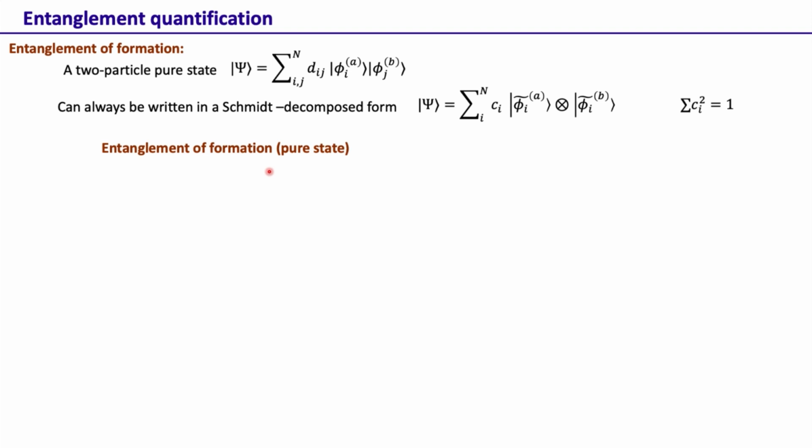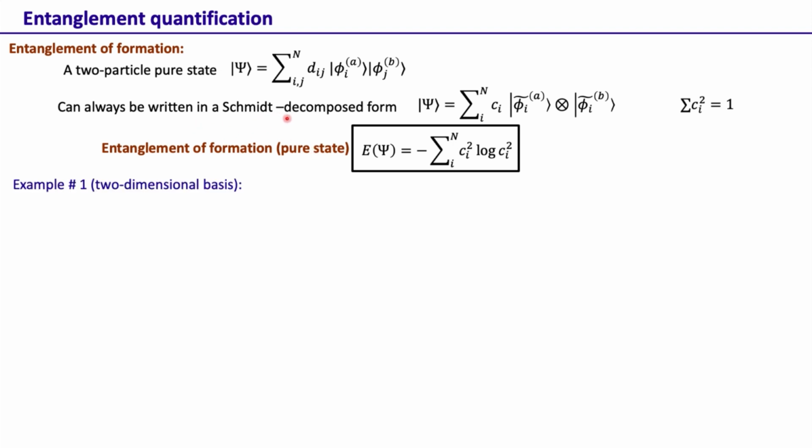So once we have this decomposition, the entanglement of formation of a pure two particle state is defined like this. This is E, the entanglement of formation of psi, and it is minus the sum over c_i squared log c_i squared. So that's the entanglement of formation. How this Schmidt decomposition is actually done, I will not go through.